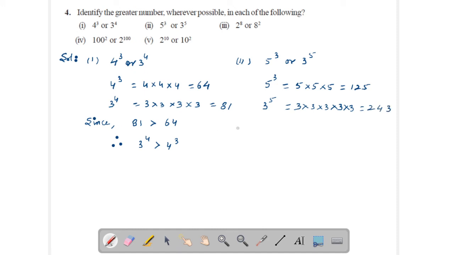Here what we observe, since 243 is greater than 125, therefore we can say that 3 raised power 5 is greater than 5 raised power 3.